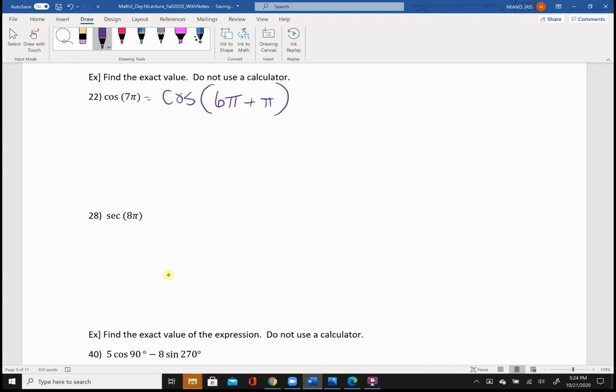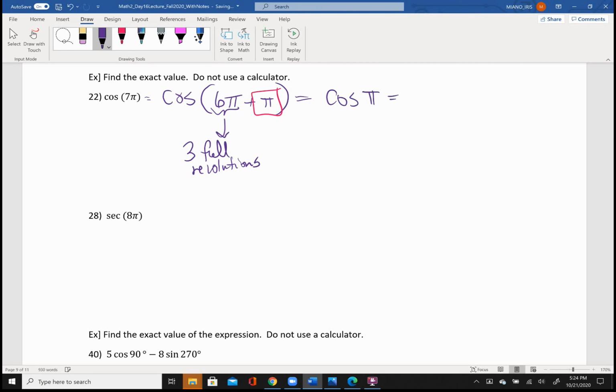But this represents 3 full revolutions, which after I've exhausted the 3 spins around the unit circle, I'm going to end up at my same initial position again. So really, it's equivalent to just having the cosine of pi.